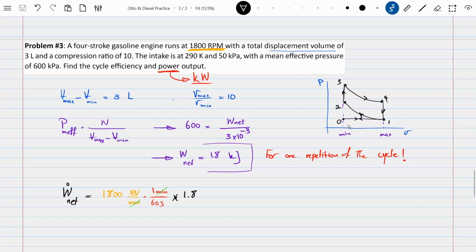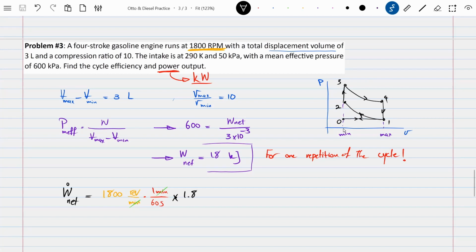However, to fully understand how the engine works, I'm adding the 0 to 1 and 1 to 0 here, so we can see that during a full cycle, the piston has to go through one expansion, one compression, one expansion, and yet another compression.